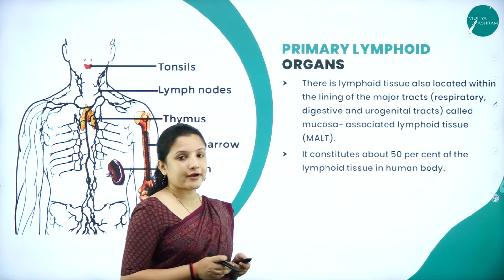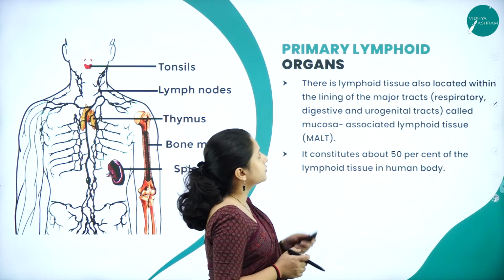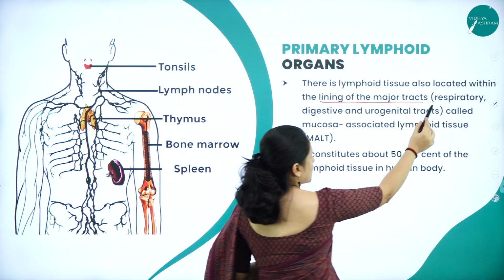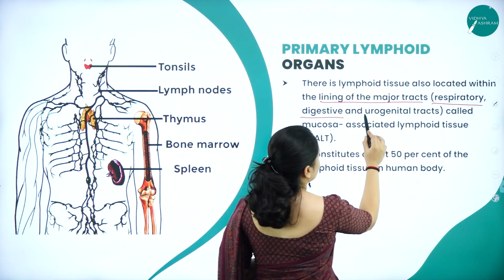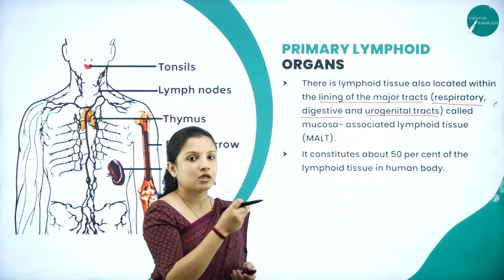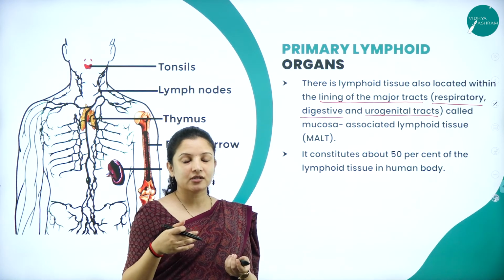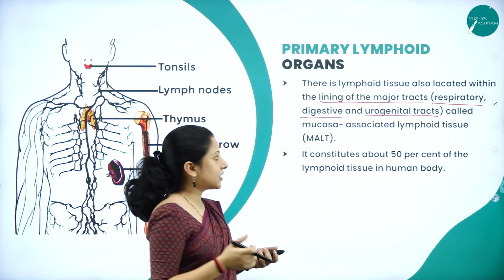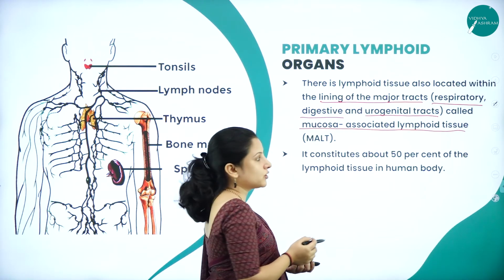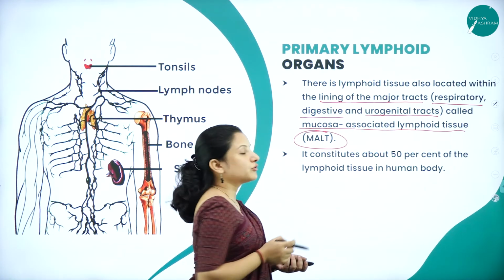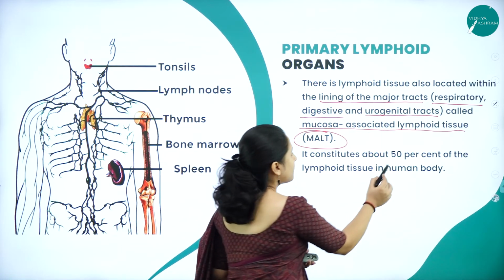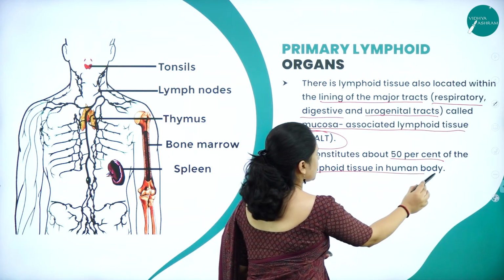And there is lymphoid tissue that is also located within the lining of the tracts, such as the respiratory tract, the digestive tract and the urogenital tract. These lymphatic tissues, which form a covering of the respiratory tract, the digestive tract and the urogenital tract, are called the mucosa associated lymphoid tissue, or MALT, and it constitutes about 50% of the lymphoid tissue in the human body.